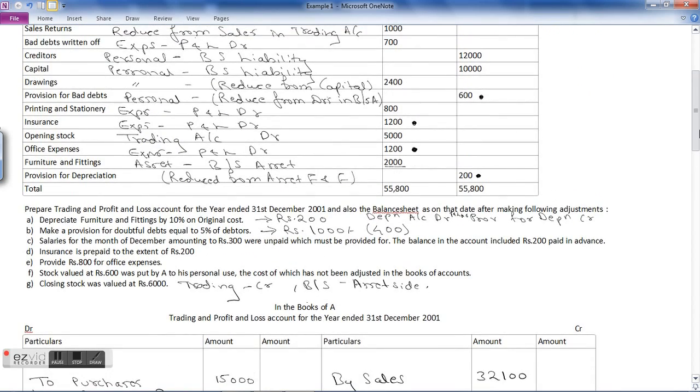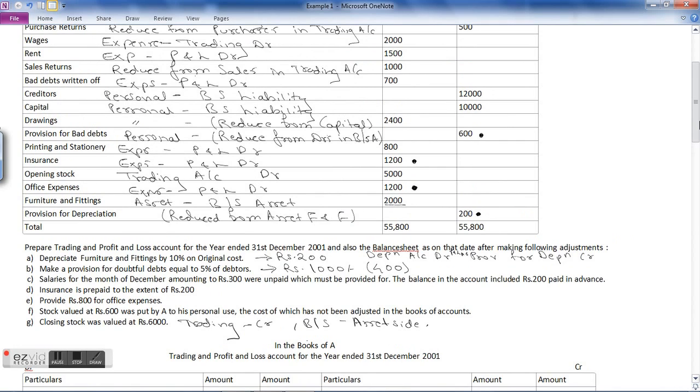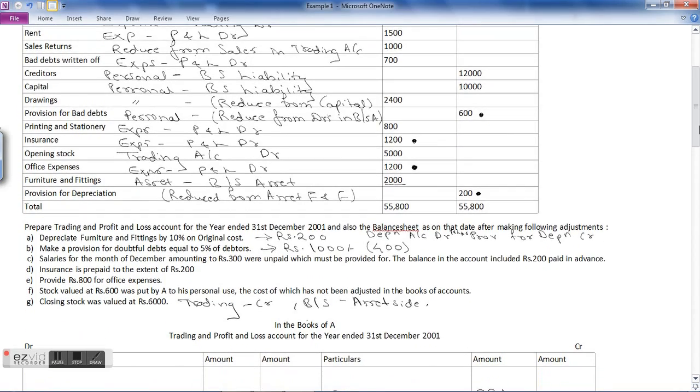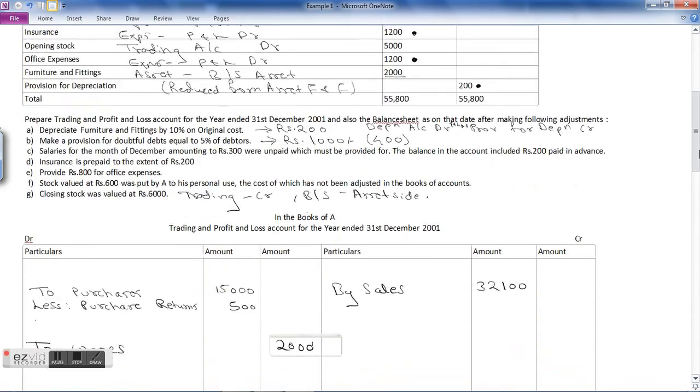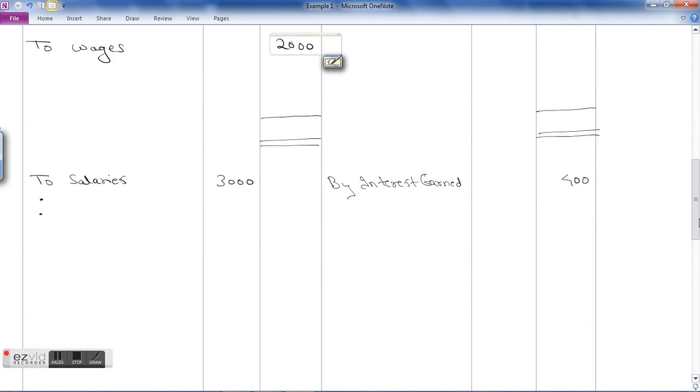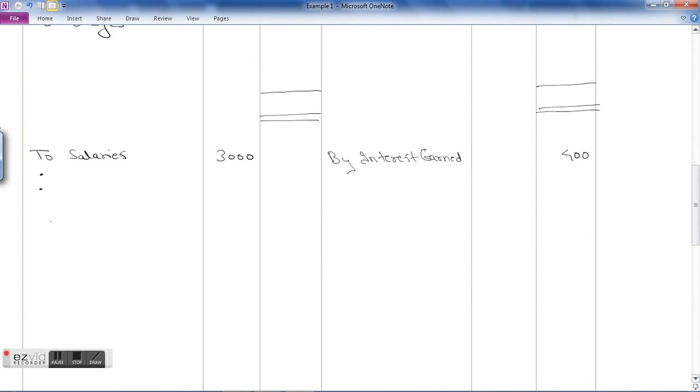Then you have rent 1500, profit and loss account debit side, rent 1500. Since there are no adjustments, we are putting it in the outer column.